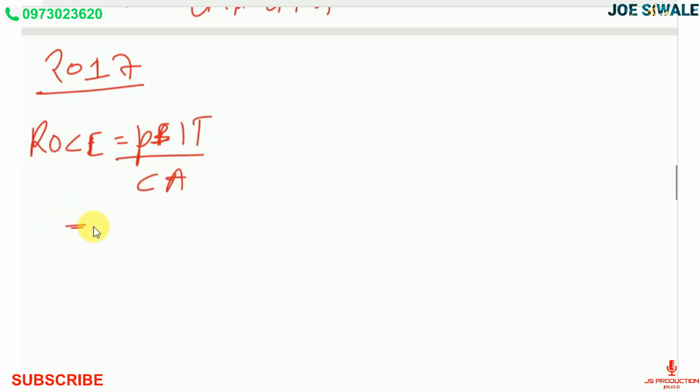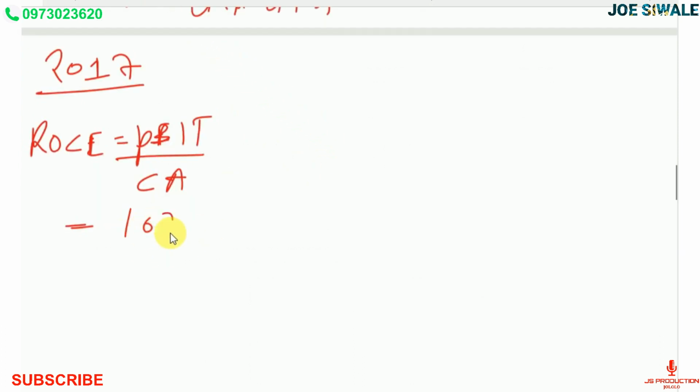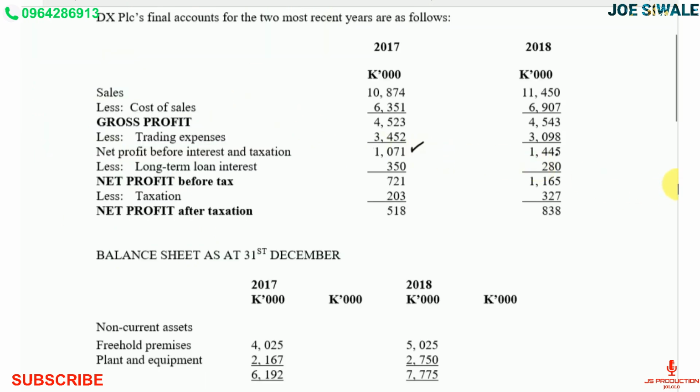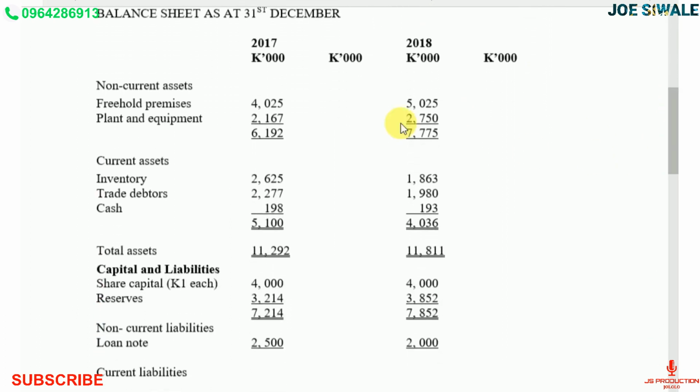And we have said for 2017 it's 1071. What about the capital employed? So capital employed, we have said this is equal to the fixed assets plus the working capital.